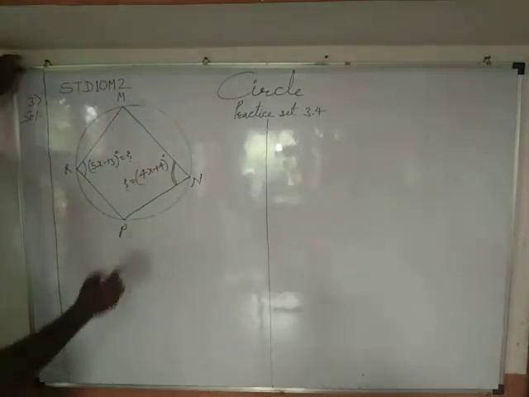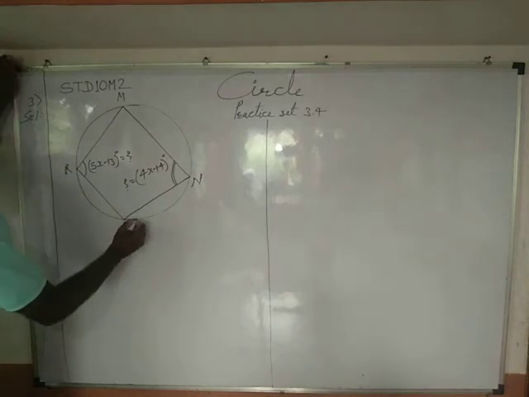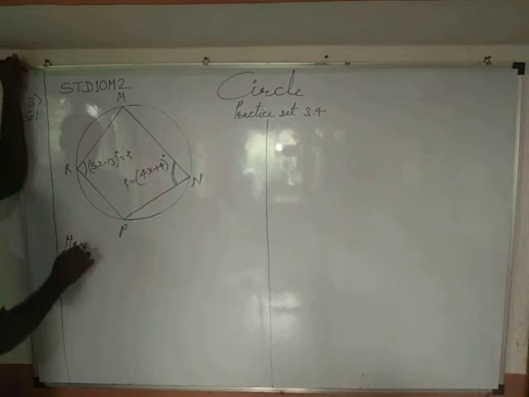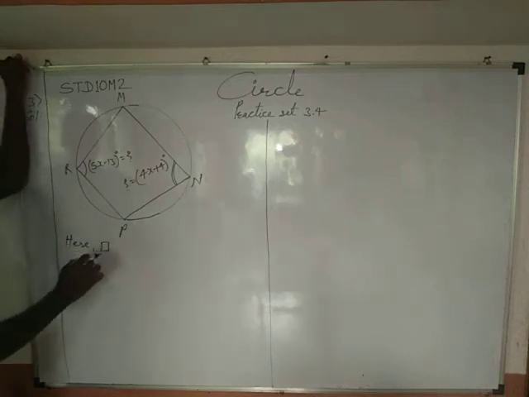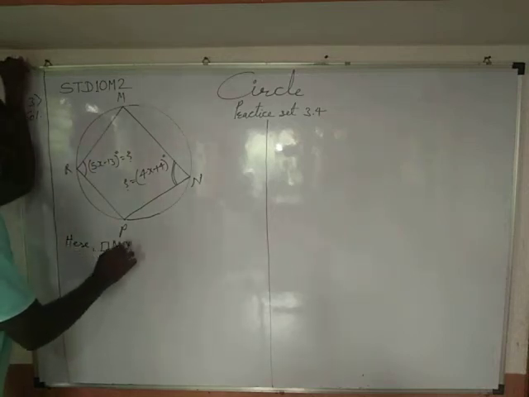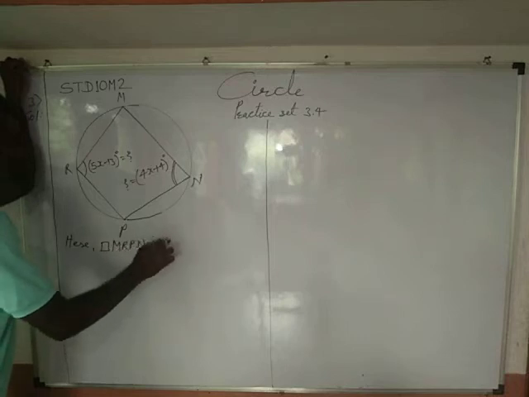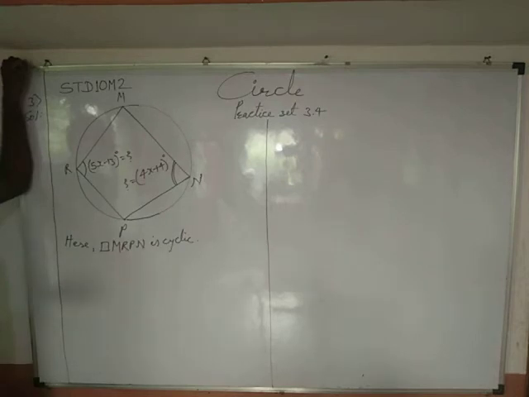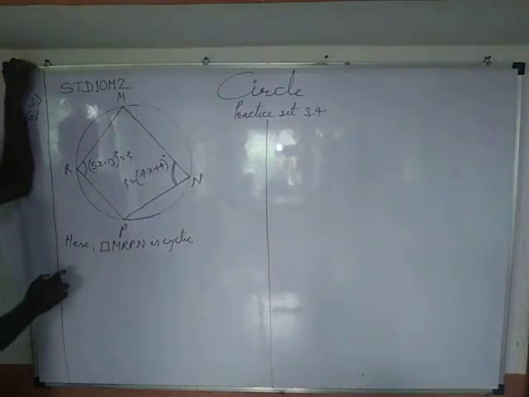Okay, let's mention here, quadrilateral MRPN is cyclic. And we know that opposite angles of cyclic quadrilateral are supplementary. We are interested with a pair of angle R and angle N. That's why let's write here.